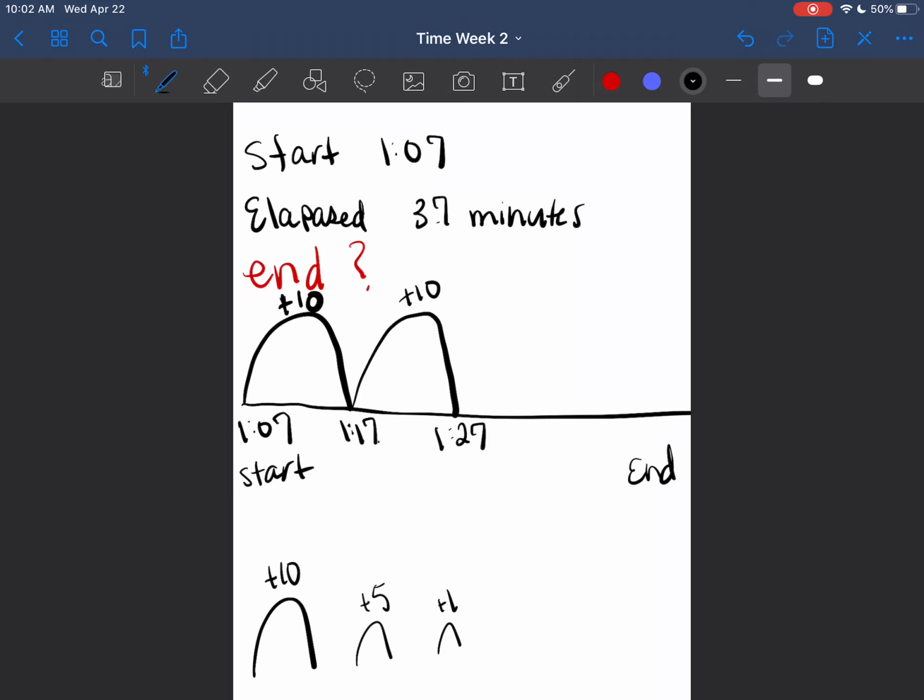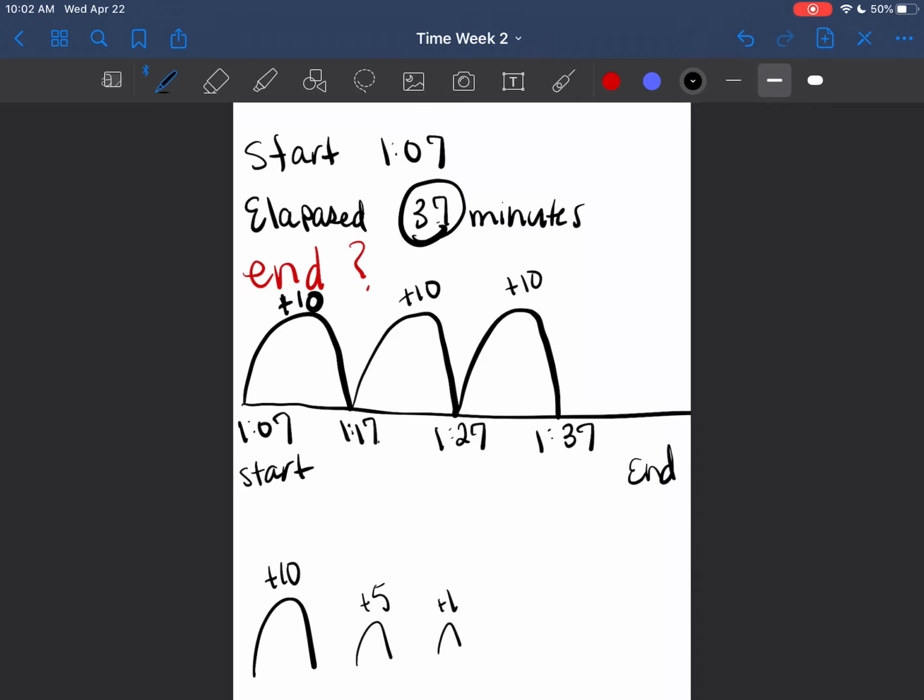I need to jump 37, so I'm going to make another jump of 10. 1:27 plus 10 is 1:37. I've hopped 10, 20, 30 minutes. I need to pass 37 minutes. Can I make another hop of 10? No, we can't, because if we were to add 10 more minutes, that's 40 minutes, but we need 37.